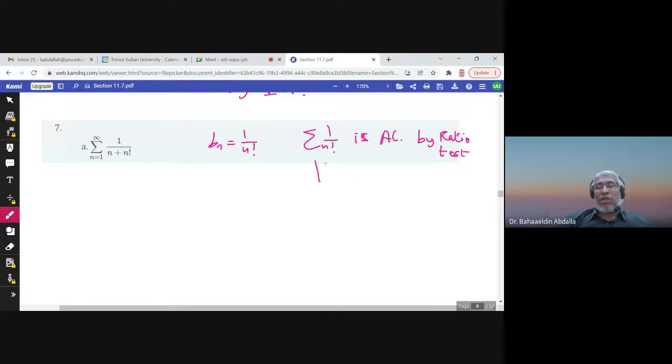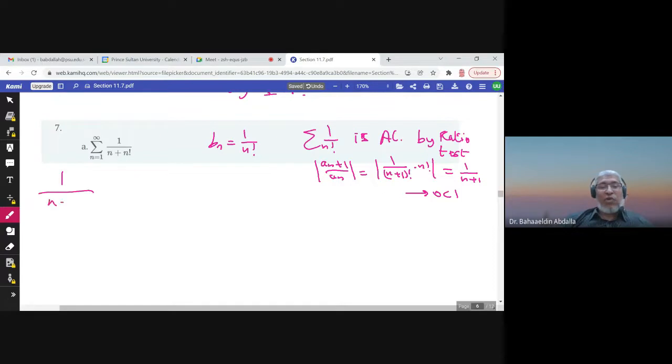And you can check that a(n+1) over an would be 1 over (n+1) factorial multiplied by n factorial. So it would be 1 over n plus 1, and it goes to 0, and 0 is less than 1.